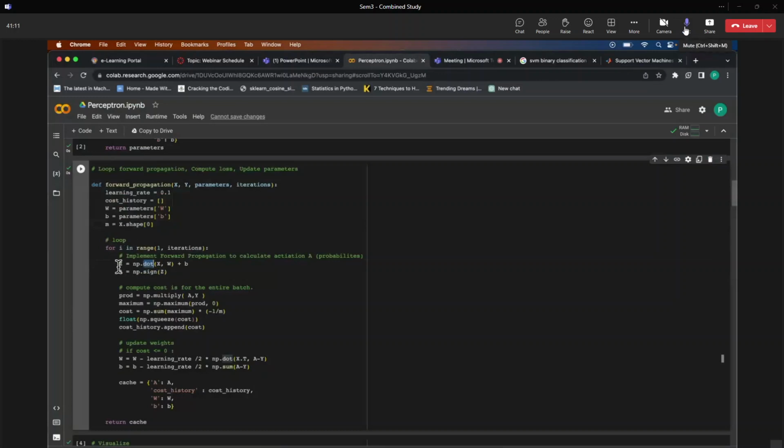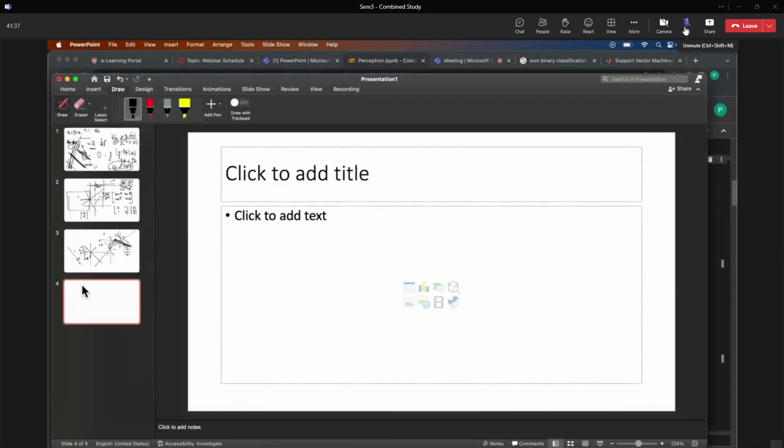The multiplication of weight and the input. No, it's not just multiplication. What it does is dot product, the inner product of two matrices, or two vectors. So if it was just a product, what it will do if you have, say, a matrix like this.